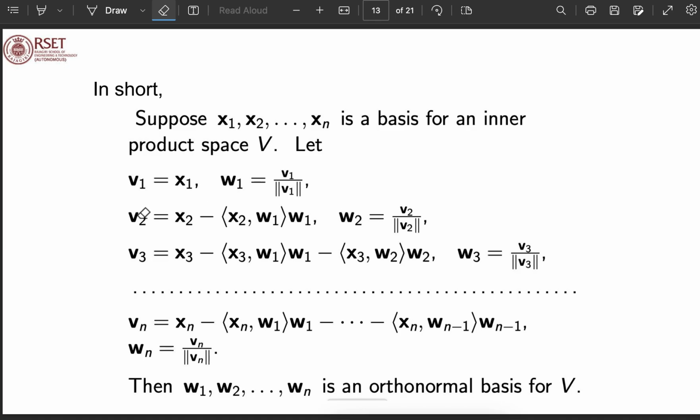Now we take v2 equal to x2 minus inner product of x2 and w1 times w1, and to normalize this v2 we divide v2 by its norm, and we continue like that.